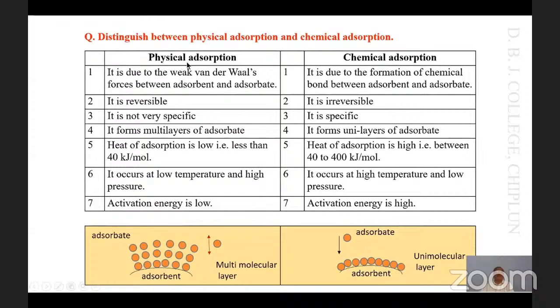Now then, in physical adsorption, just now we had seen that multiple layers or multilayers of adsorbate are formed over the surface of an adsorbent. Whereas in chemical adsorption, there forms only a unilayer or monolayer of adsorbate.